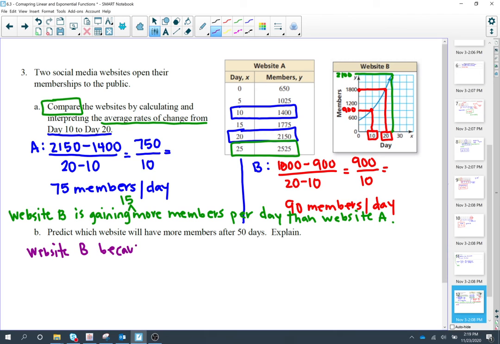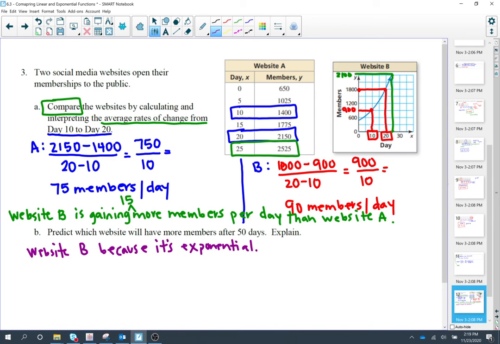I'm going to say website B because it's exponential. What do we know about exponential growth versus linear growth? Exponential growth keeps getting faster and faster until, on the graph, it almost looks like a vertical line. It's not, it's just growing that fast.